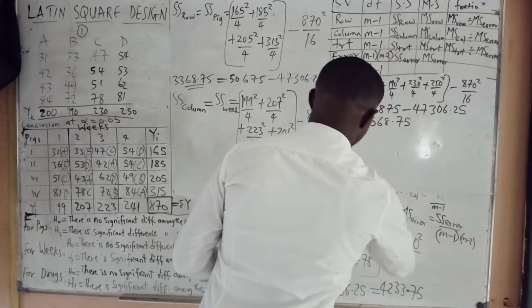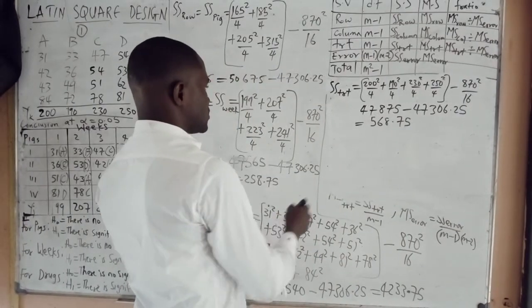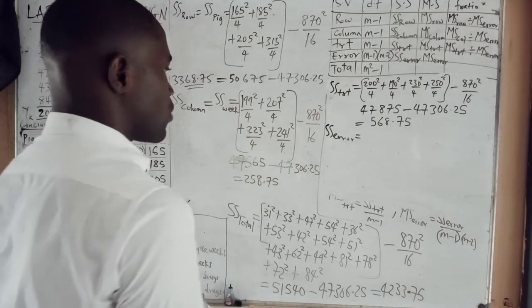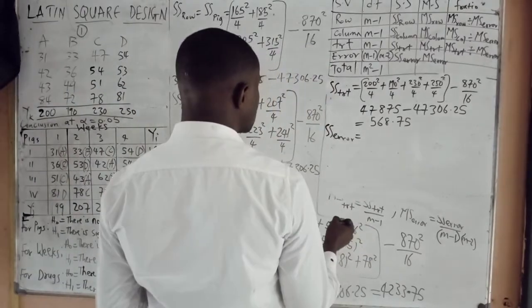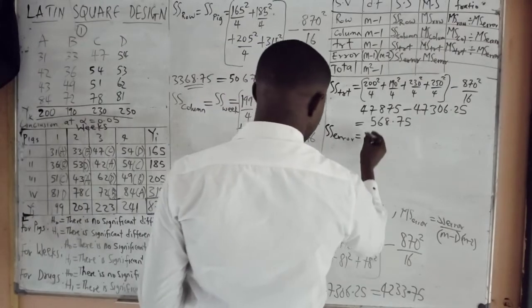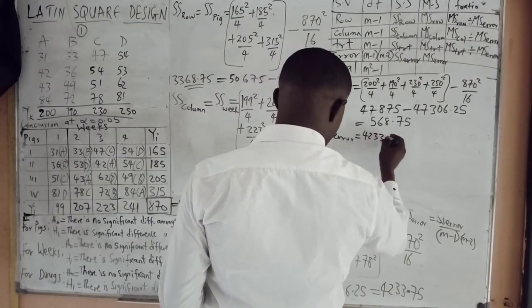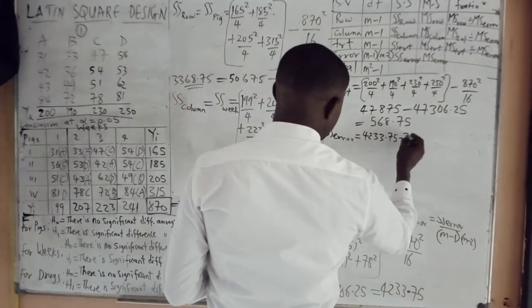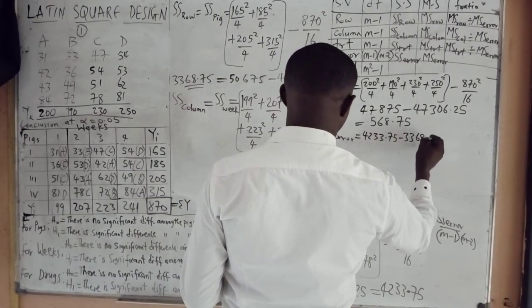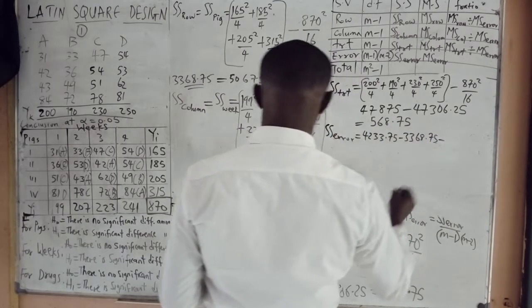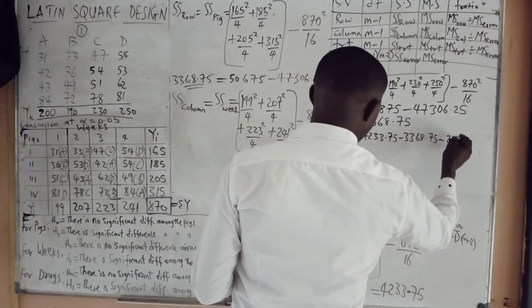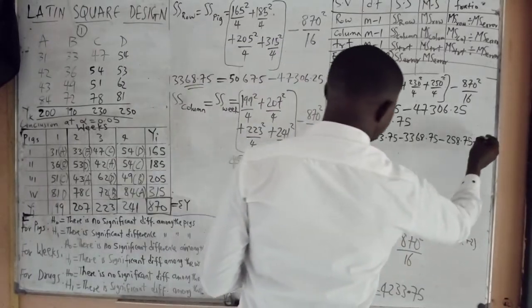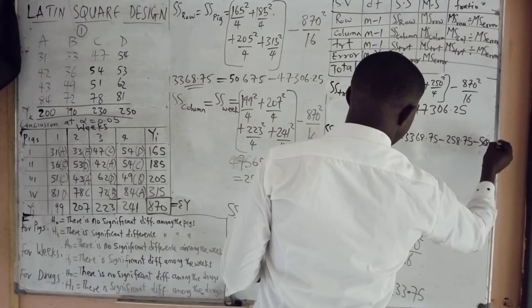Finally, we say that our SS error will now be equals to SS total, which is 4233.75, minus SS row, which is 3368.75, minus SS column, which is 258.75, minus SS treatment, which is 556.75.